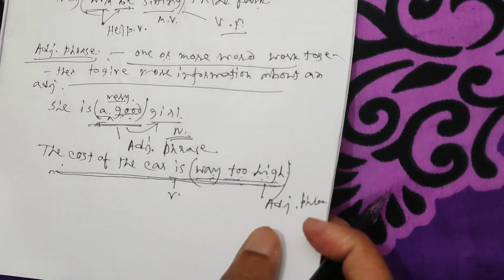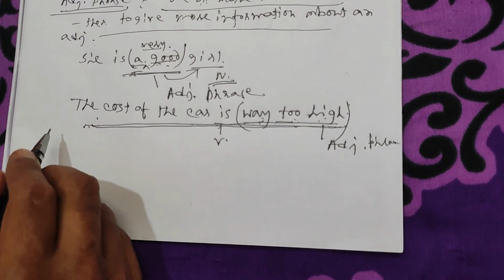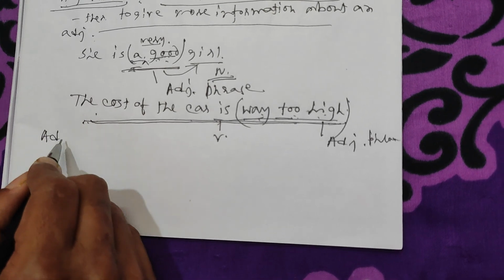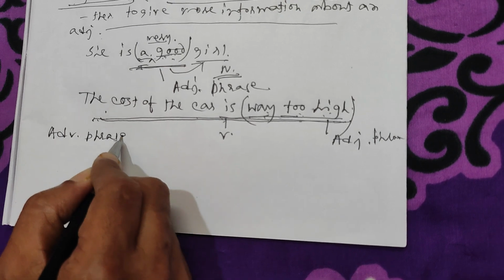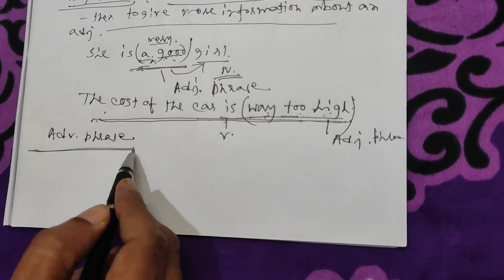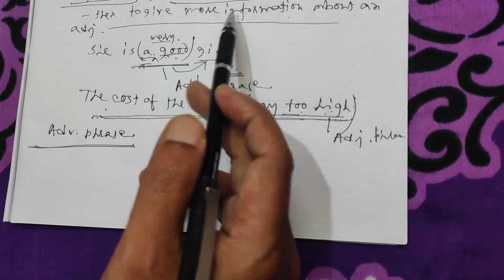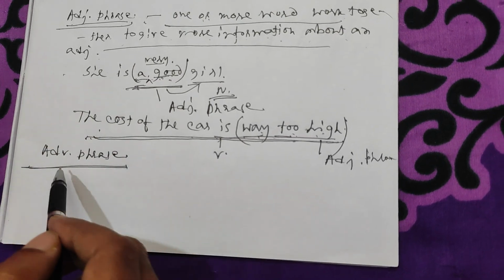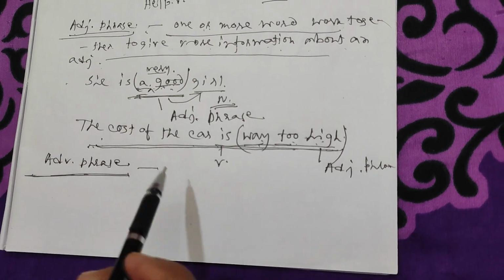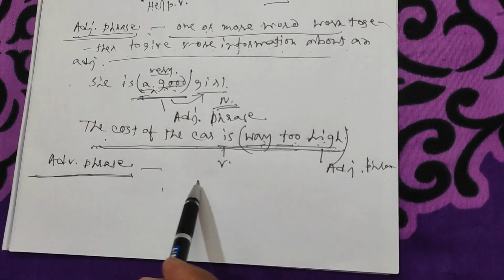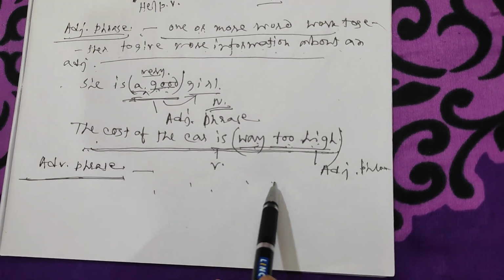Thereafter we will have adverbial phrase, and finally prepositional phrase. Adverbial phrase, as the name signifies, has a similar definition: one or more words work together to give more information about an adverb.